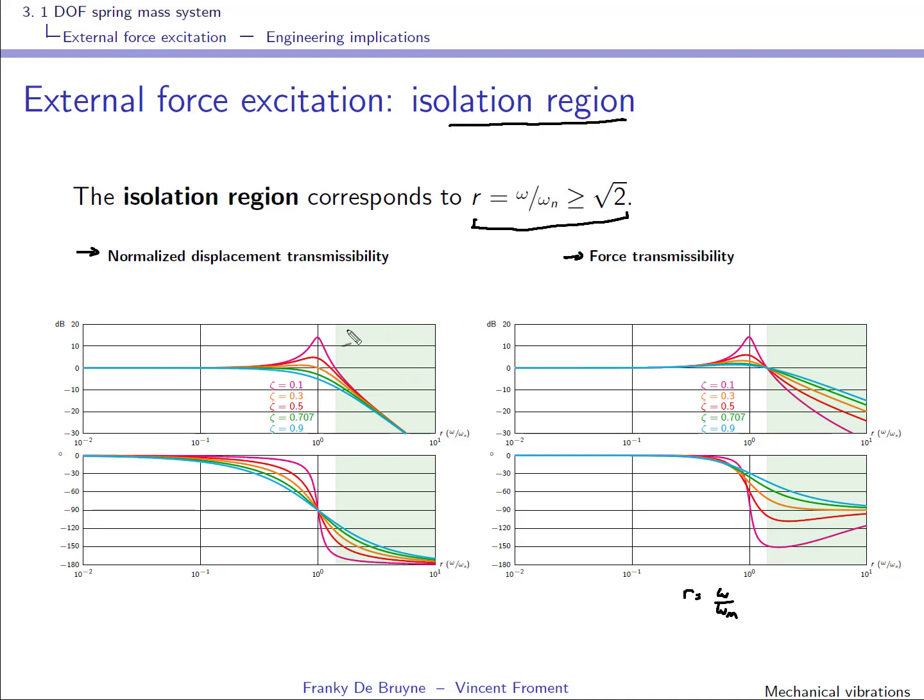This means that your normalized displacement transmissibility and your force transmissibility will be smaller than 1. Okay, usually we'll take r much larger than square root of 2. Remember also that in the force transmissibility, if zeta becomes smaller, the force transmissibility becomes smaller as well.